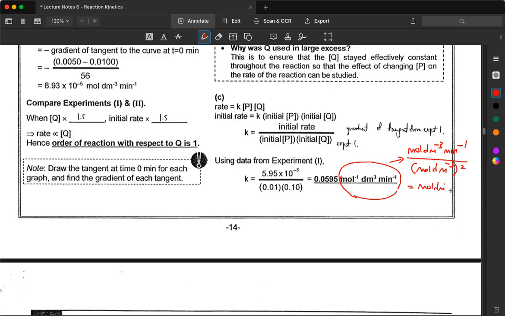So you have to do a separate step, if you cannot do it so quickly. So it will be 1 minus 2 gives you minus 1, minus 3 plus 6 gives you plus 3. That's how you obtain the units for k.